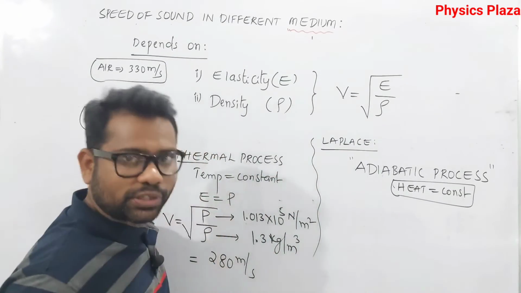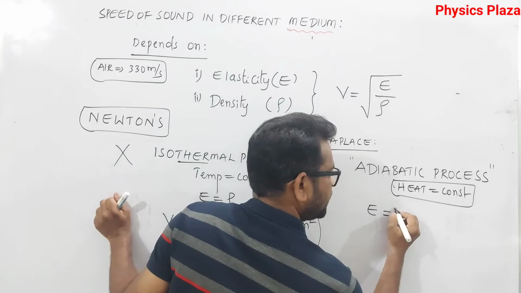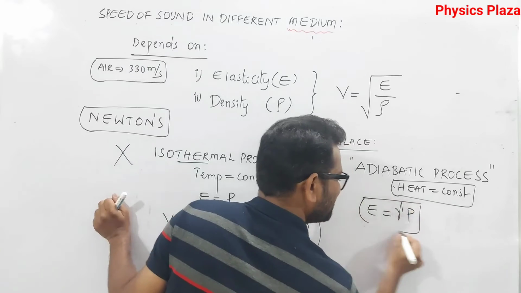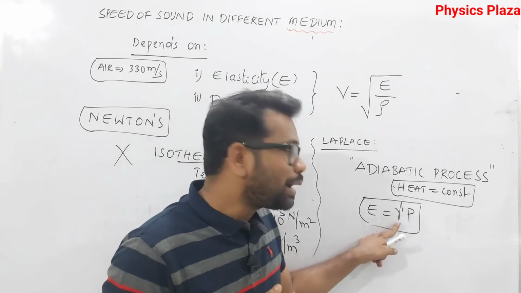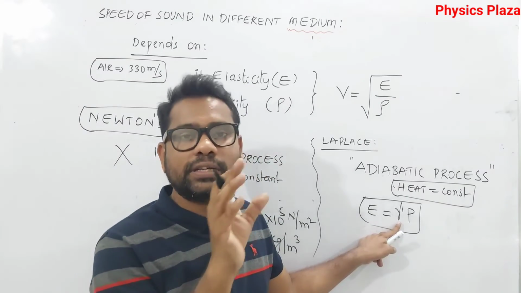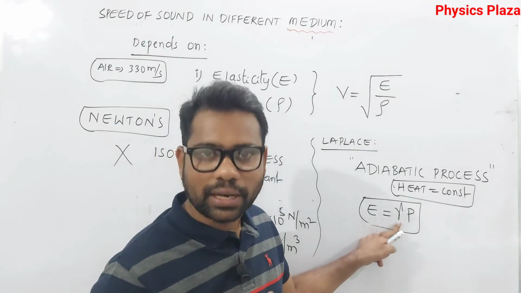In an adiabatic process, the modulus of elasticity is equal to gamma into P. What is this gamma? Gamma is the ratio of specific heat capacity at constant pressure to that at constant volume. Don't get confused.